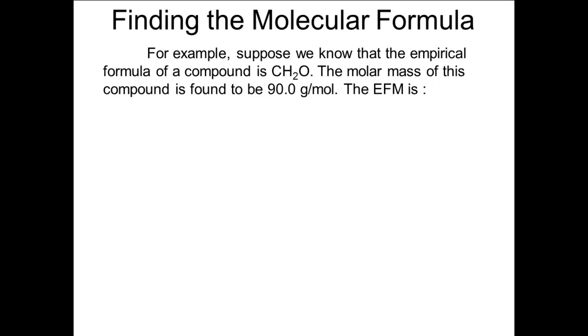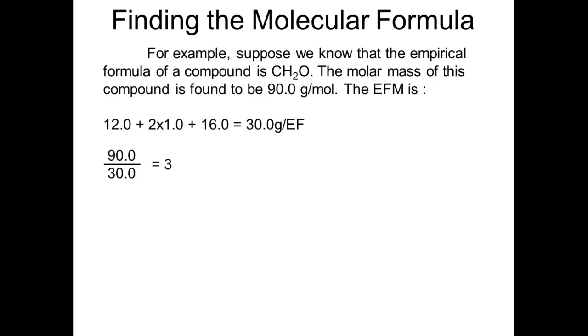For example, if a compound has an empirical formula of CH2O and a molar mass of 90.0 grams per mole, the EFM is 12 plus 2 times 1 plus 16 equals 30 grams per empirical formula.